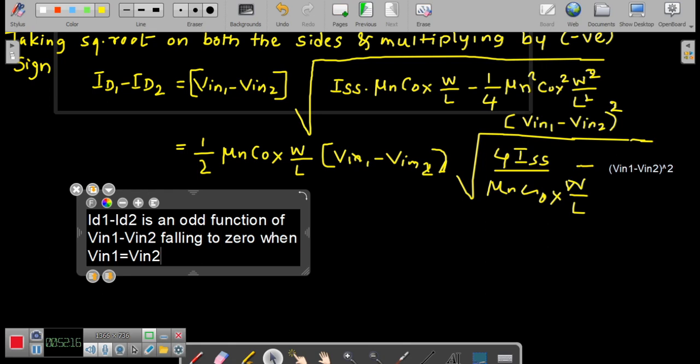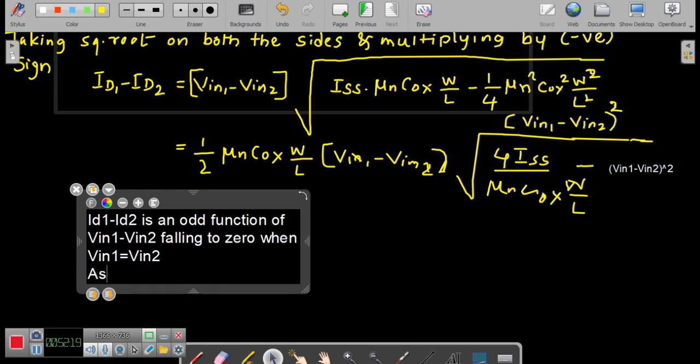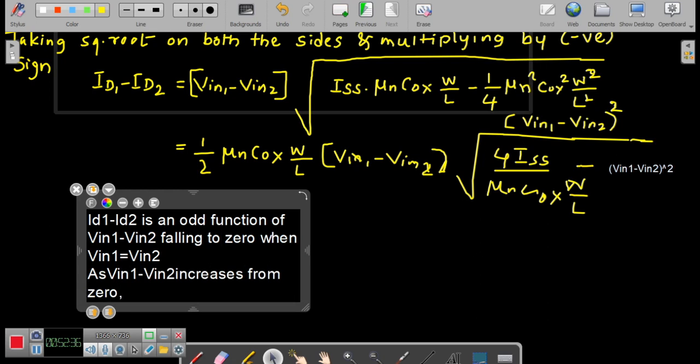You can also say that as the modulus of V in 1 minus V in 2 increases from 0, the modulus of ID1 minus ID2 also increases.